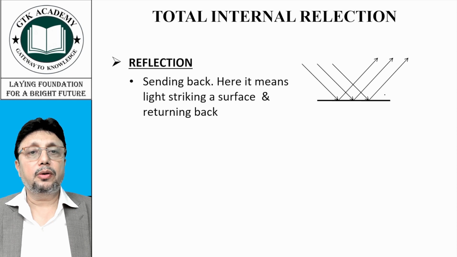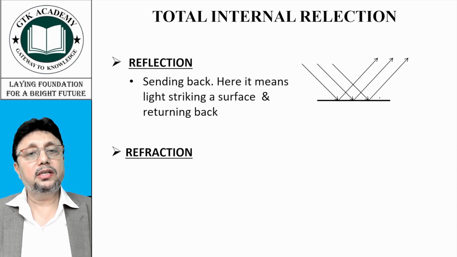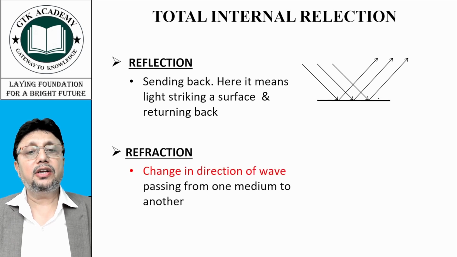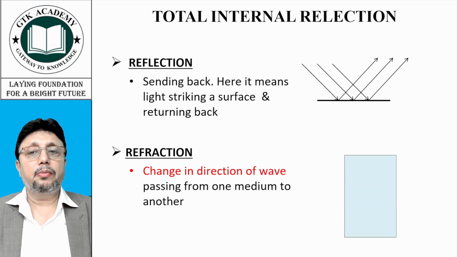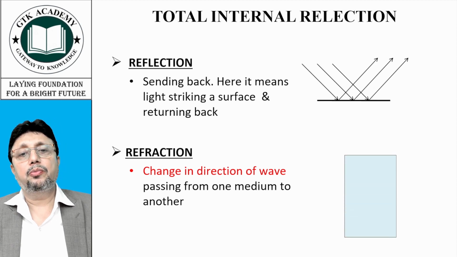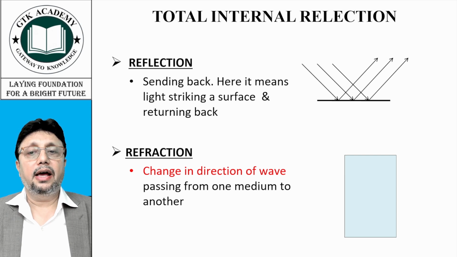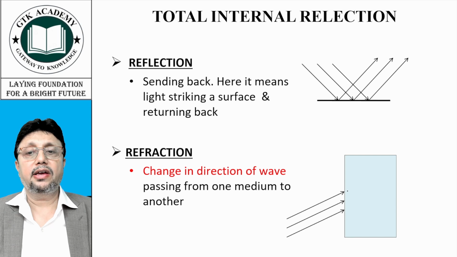Then there is one more terminology which is called refraction. What does refraction mean? Refraction means change in direction of a wave passing from one medium to another. Here, for example, say this is a transparent medium, a glass block. Light strikes on this block. The light rays are striking here. So here the medium is changed. Here the medium is air and here it is glass.